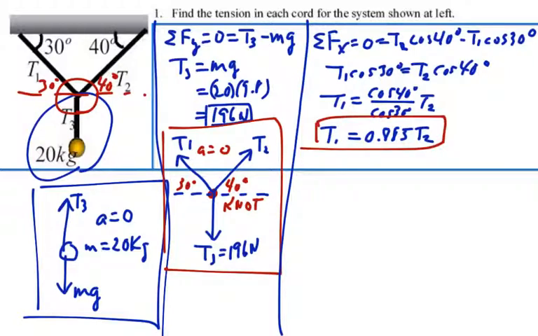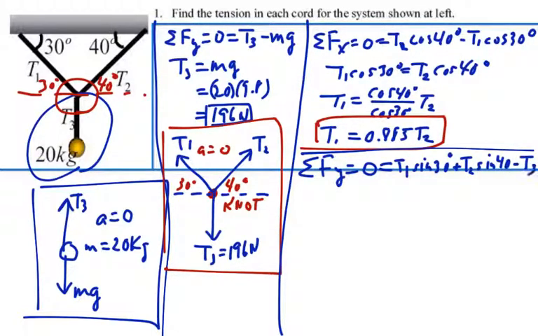Nice to know, but we have two unknowns, so we need another equation to help us solve this. So if we look in the y direction, the summation of all the forces in the y direction should be 0. And we have T1 sine 30 plus T2 sine 40 minus tension 3.